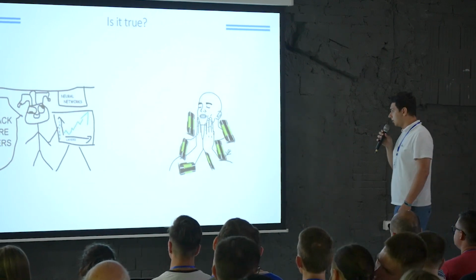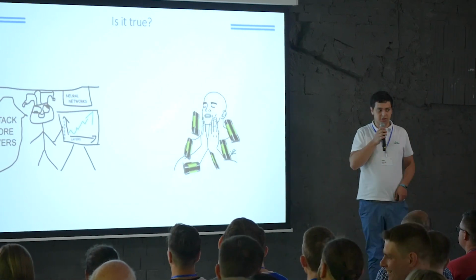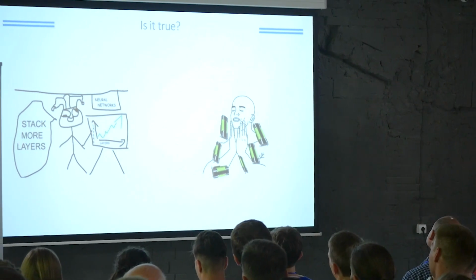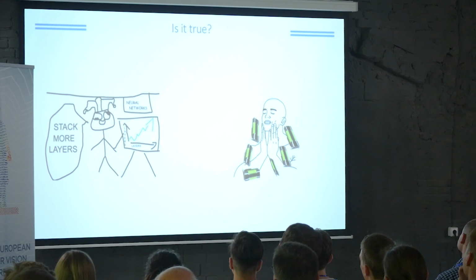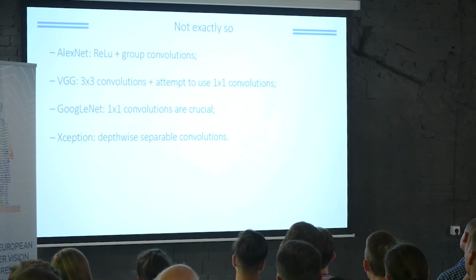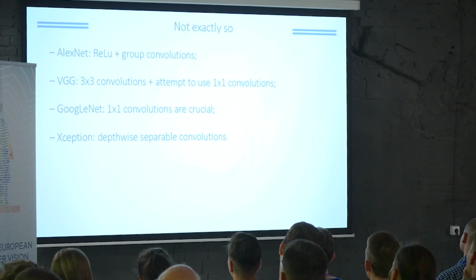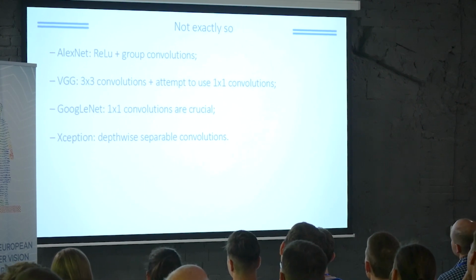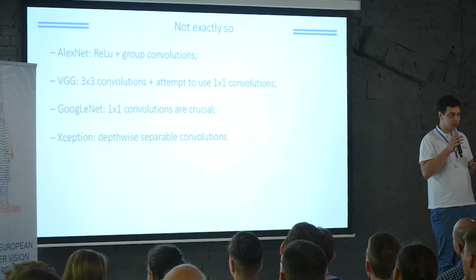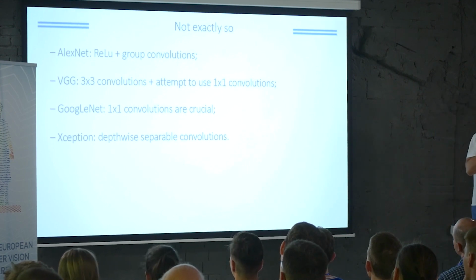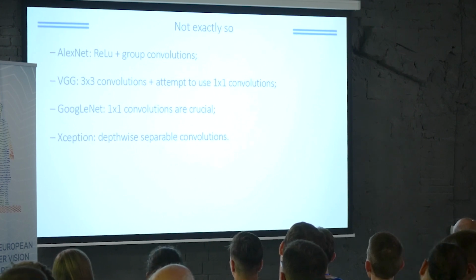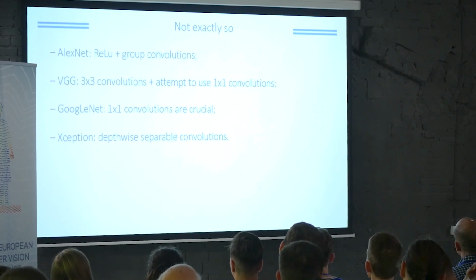So most people in deep learning think that the research was moving to stack more layers and cover yourself with more GPUs. But it's not absolutely so. When we look closely at the history of development of networks, we will find that yes, they tried to use all the resources they had, but they tried to use them efficiently.